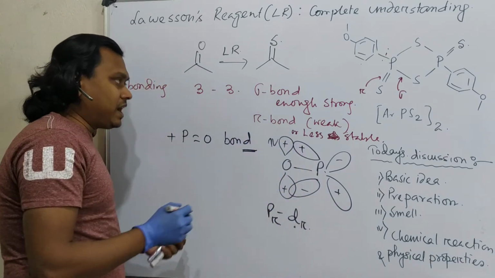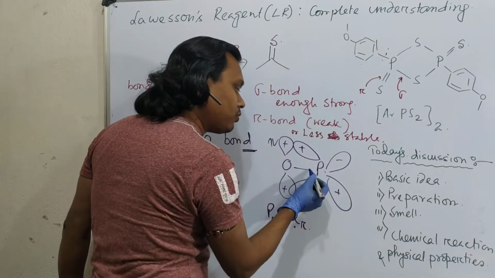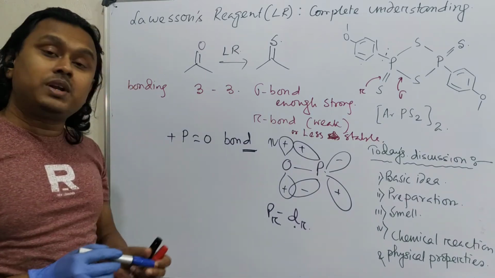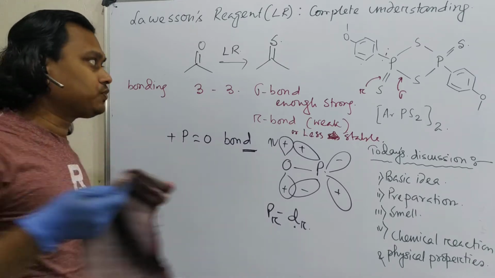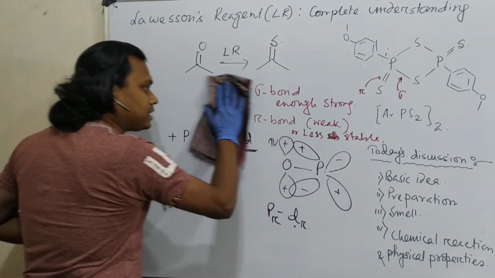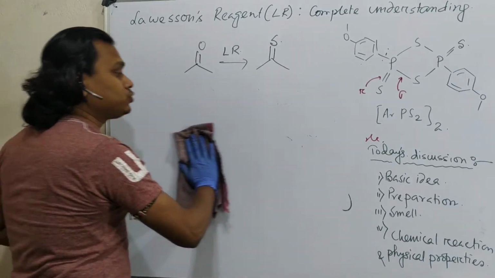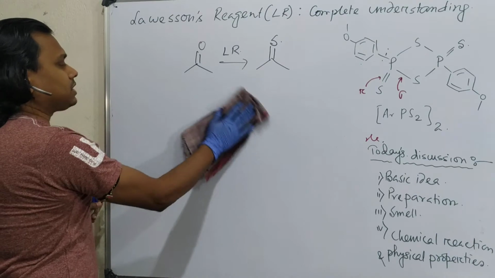This other bond is relatively weaker and longer, whereas this one is shorter with better overlap possible. That's why this bond is very stable. If I ask what the driving force for this reaction is, you should say the formation of this stable phosphorus-oxygen bond is one of the reasons. There are other factors also for this conversion.